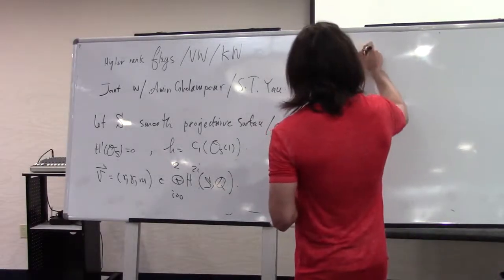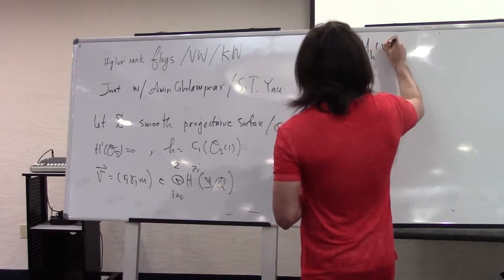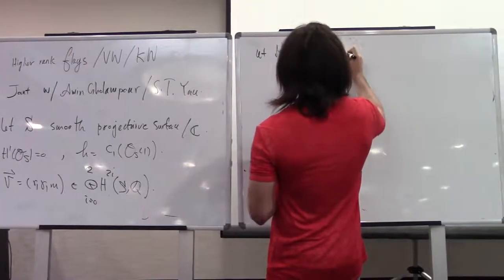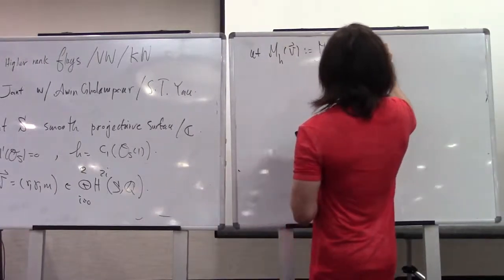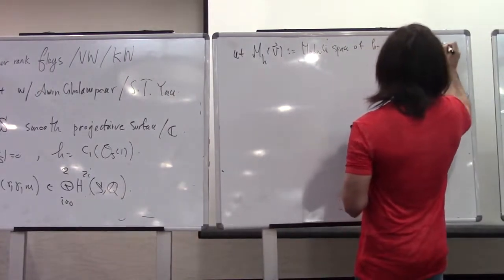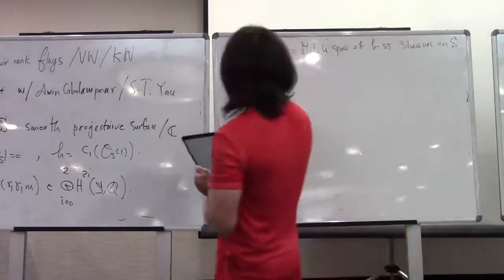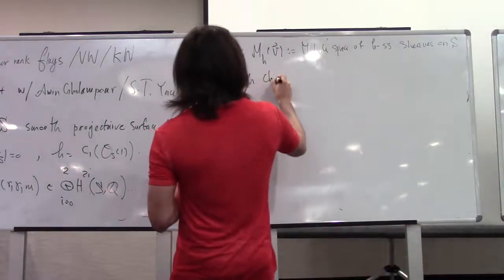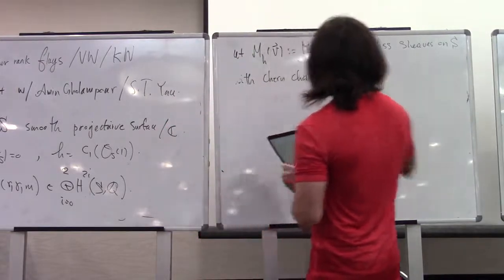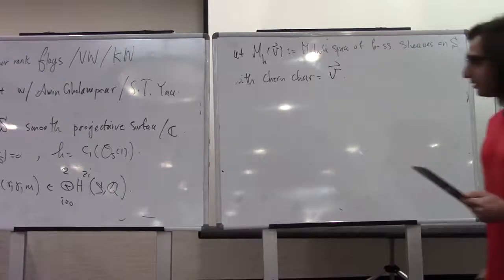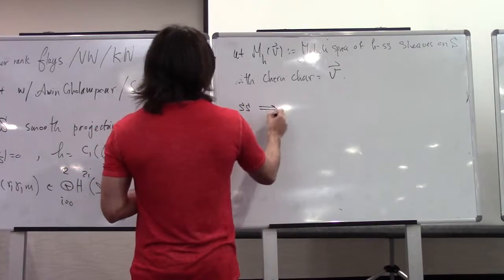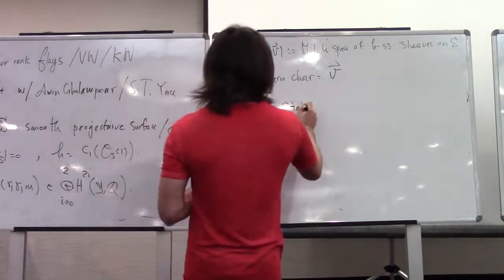So let M_H(v) denote the moduli space of H-semistable sheaves on S with Chern character equal to v. We are making an assumption that semistability is the same as stability.